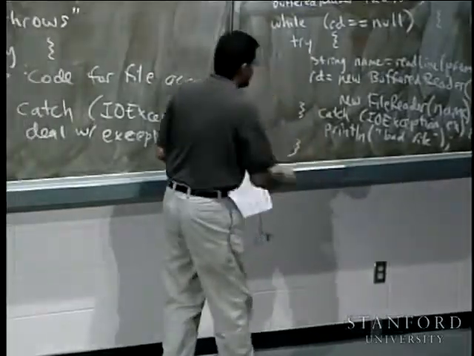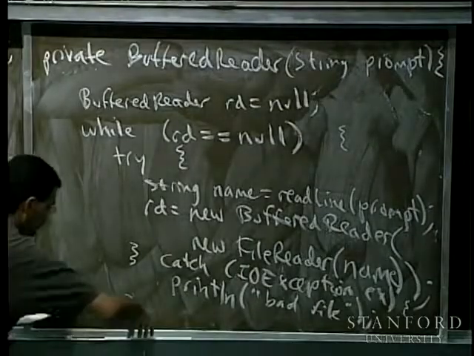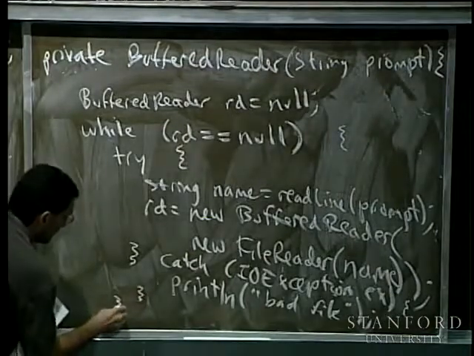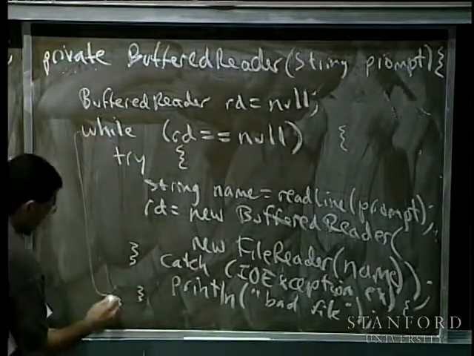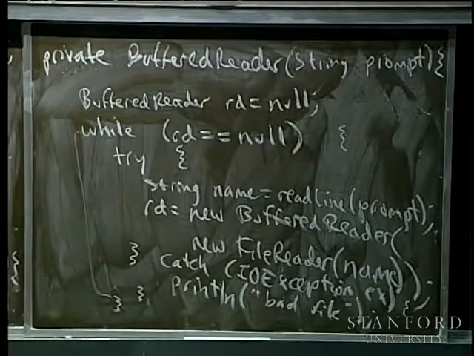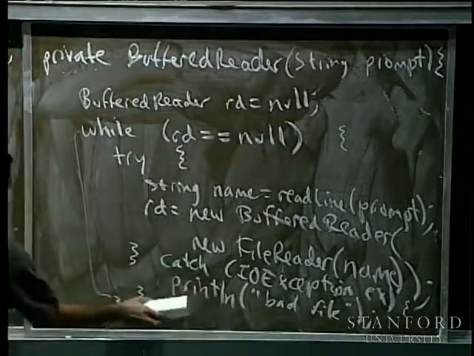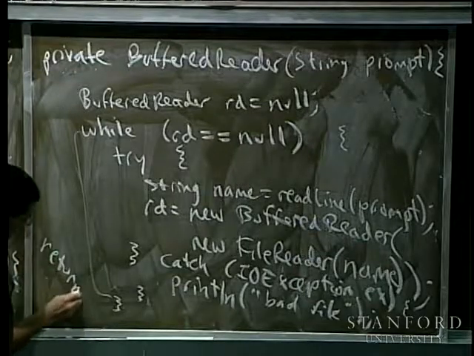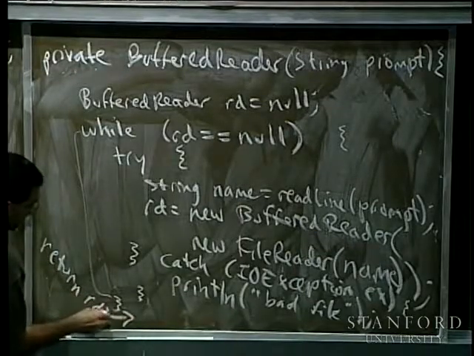And then I'm going to have a close paren. And close brace here for the while loop, so this brace corresponds to the while loop. And if all of this works out, I'll write it right over here on the side. I will return RD. That line would go right down here.